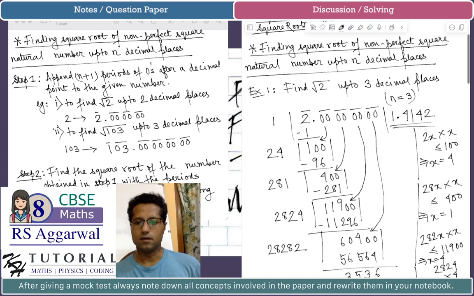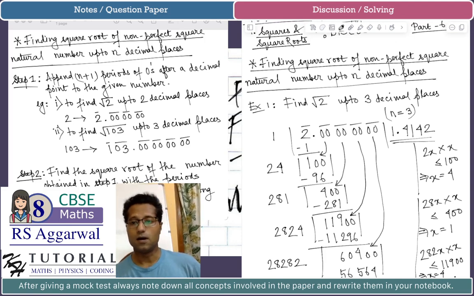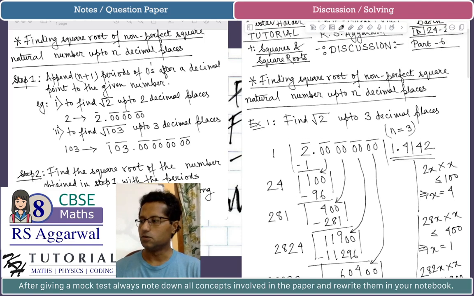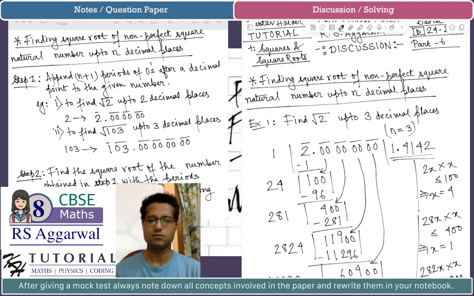Until all the periods are exhausted, the final quotient you have to round off up to n decimal places. That will give the final answer. In the next videos, I will explain about finding the square root of decimal numbers and fractions. That will bring an end, I hope, to the chapter of squares and square roots.